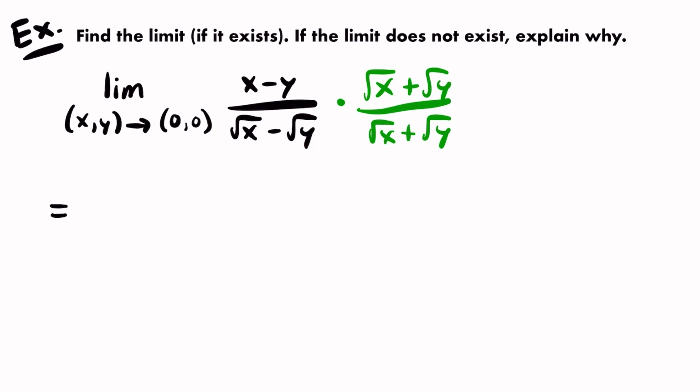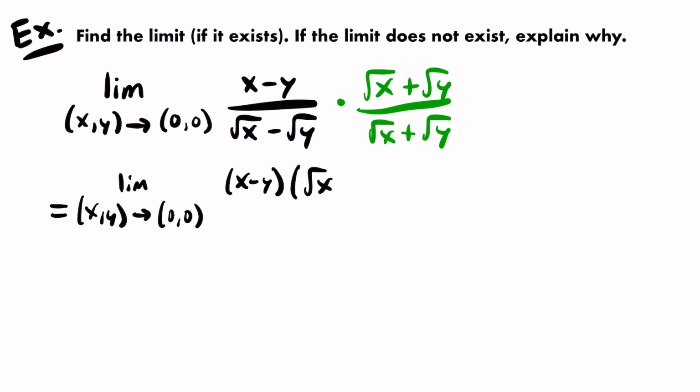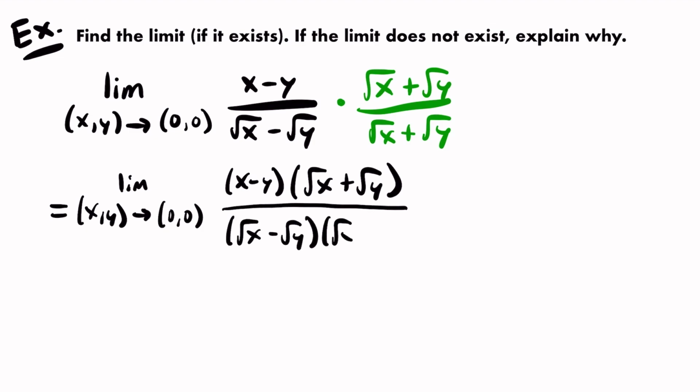Rewriting the limit, we'll get the limit as (x, y) approaches (0, 0) of the quantity x minus y multiplied by the square root of x plus the square root of y, divided by the square root of x minus the square root of y times the square root of x plus the square root of y.